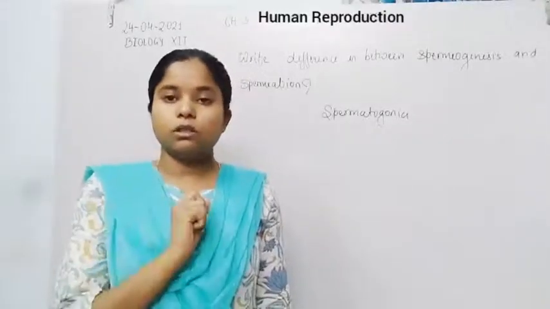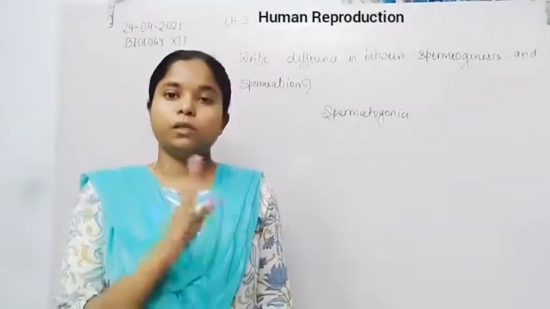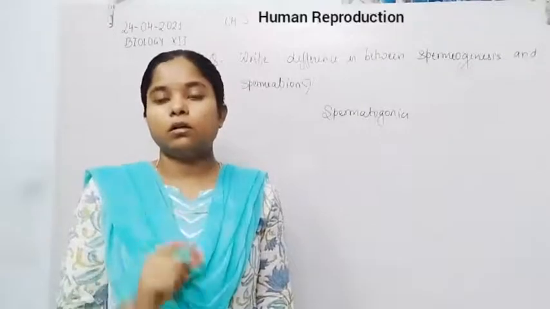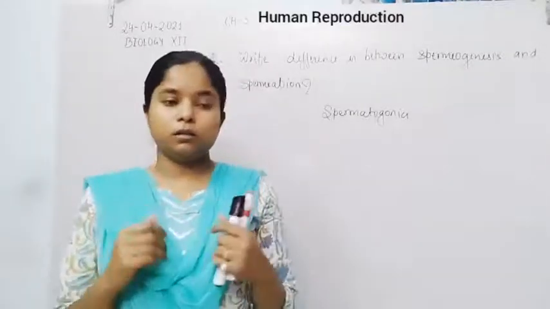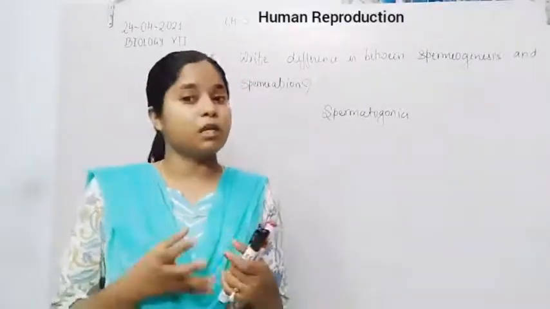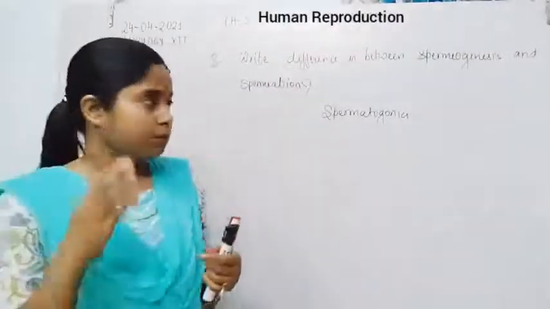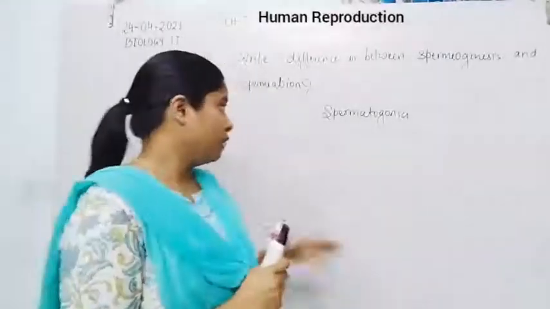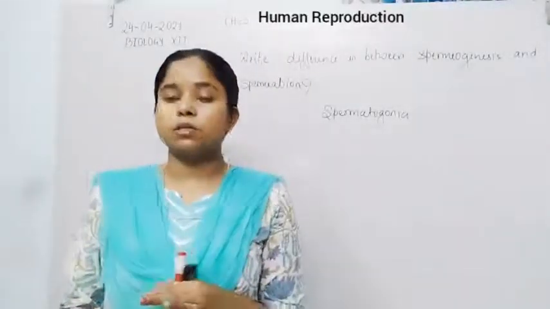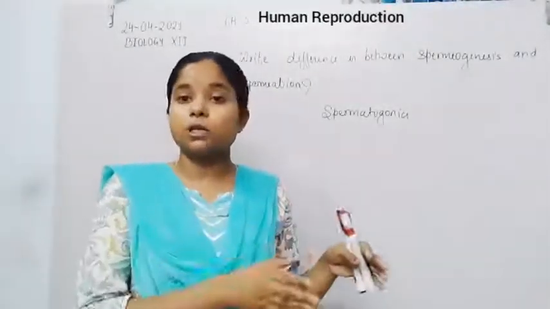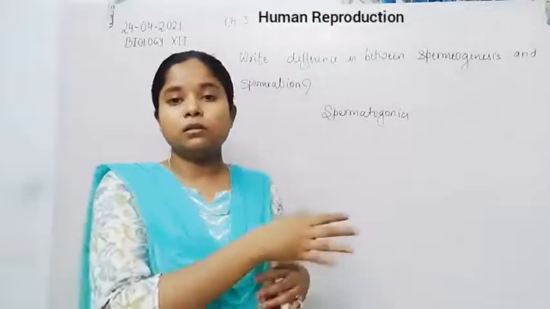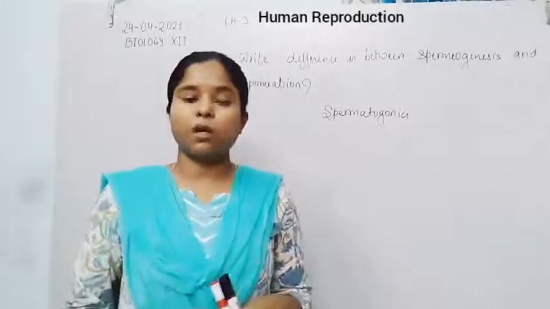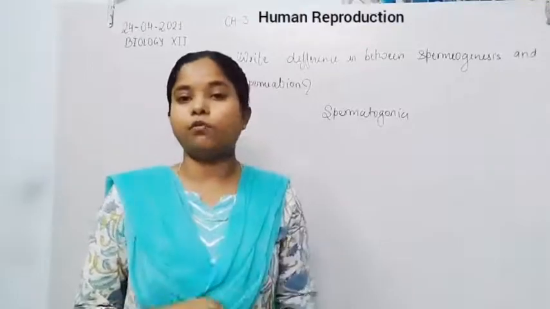So during young age, before puberty, the differentiation and multiplication process of the formation of primary spermatocytes already takes place during the intrauterine life, but they cease at the stage of prophase.